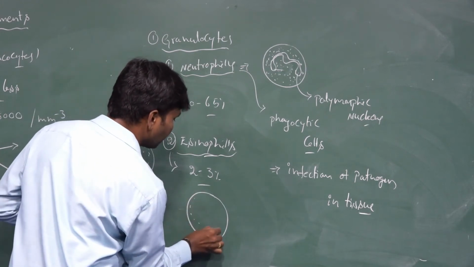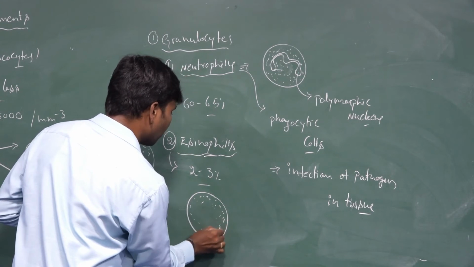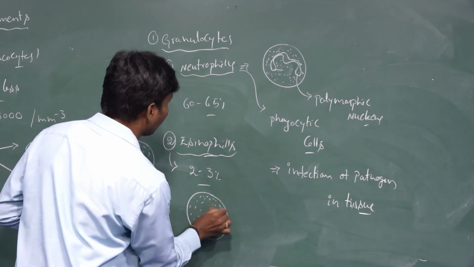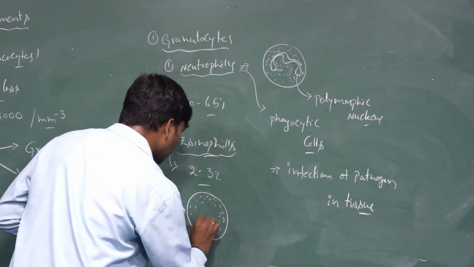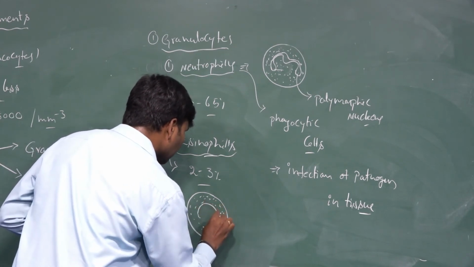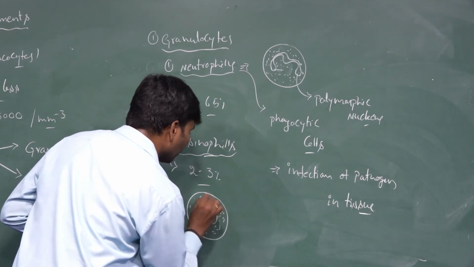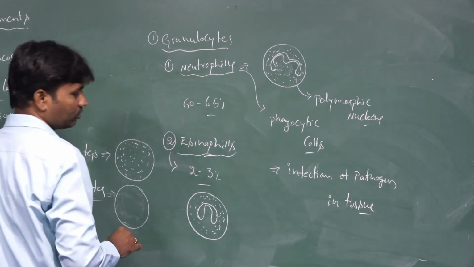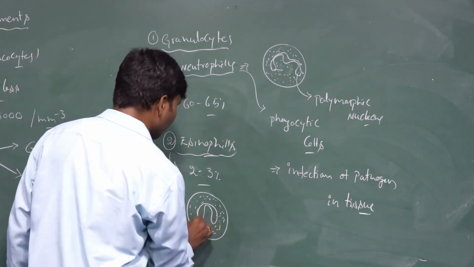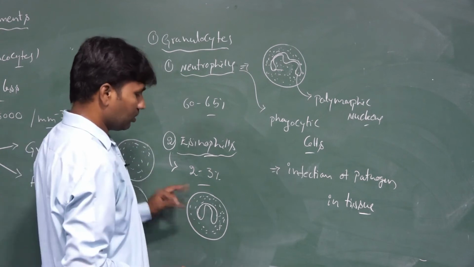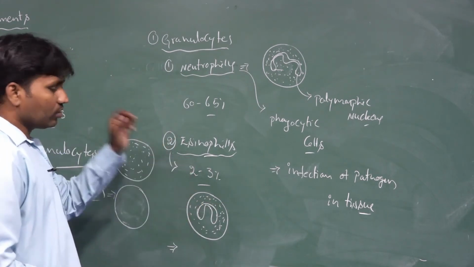The cytoplasm has numerous minute granules like neutrophils, and the nucleus is mostly bilobed, a two or three lobed nucleus. This is the basic structure of the eosinophils.